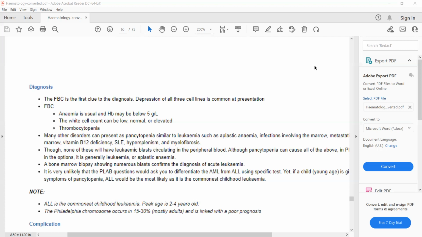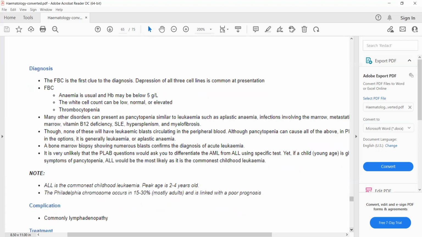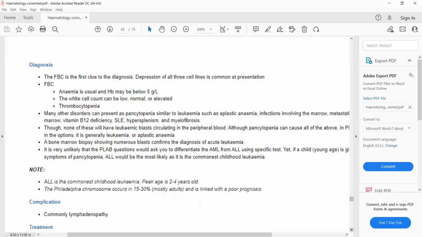Remember that SLE, vitamin B12 deficiency, myelofibrosis, hypersplenism can also present with features of pancytopenia. But normally, when you see pancytopenia in PLAB 1, you will think of leukemia, acute leukemia, or aplastic anemia.